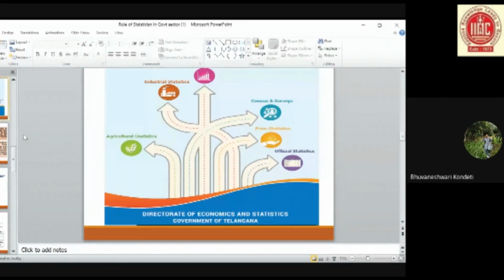So next is official statistics. Official statistics means getting all this data, analyzing and making a report is one part, and publication is a second part. I already told you our department releases many books which are available. It is actually in Hyderabad near to IMC college only. So whenever you find free time, you can visit.